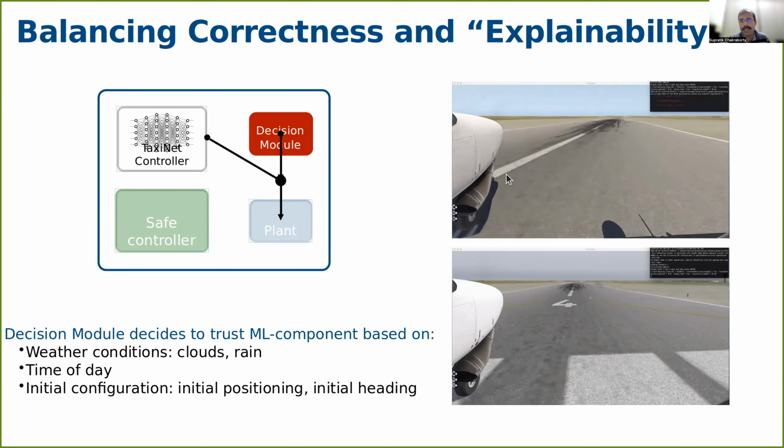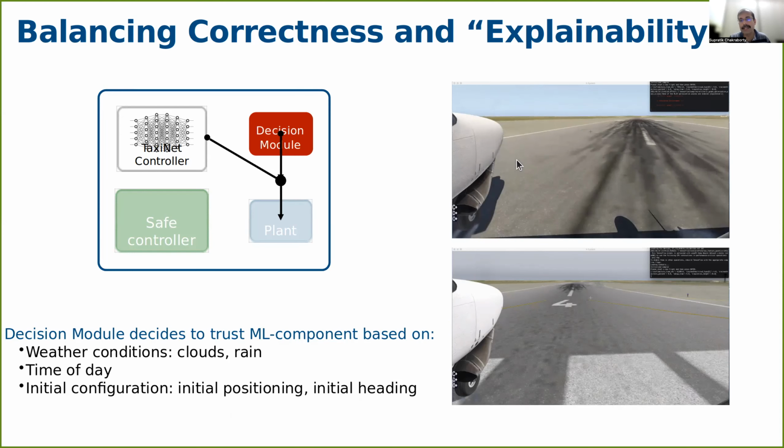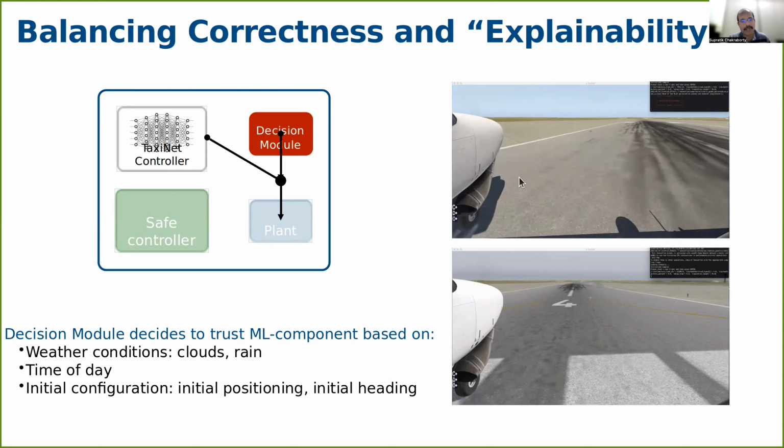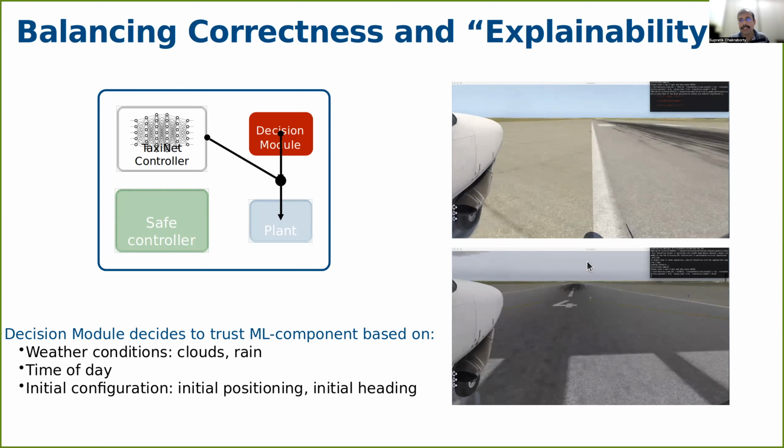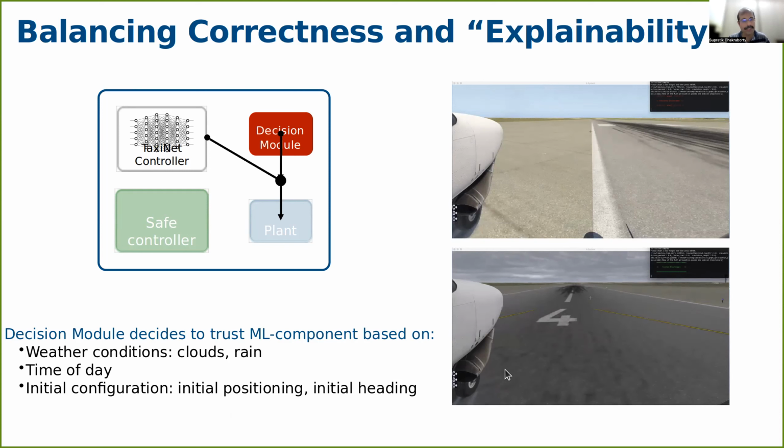And this is showing the same video where, although it is bright sunlight, the initial position was way off from the center of the runway, so it eventually veers off the runway completely. And in the next one, you'll see that although it is much darker, and it becomes even darker after that, all of this is coming from a simulator, since it starts off quite aligned to the center of the runway, the taxinet controller is able to keep it along the runway.